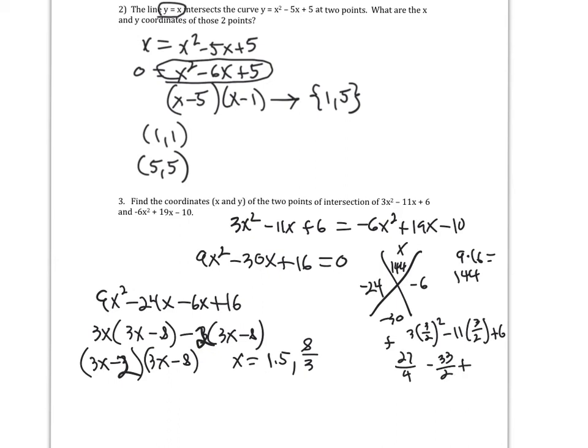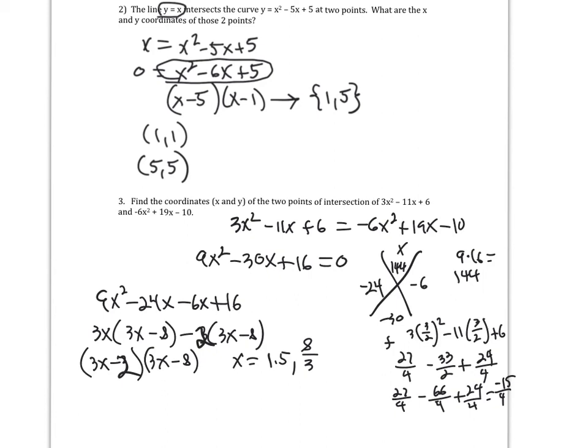It's all going to be in fourths, so I'm going to make this 24 over 4. This is going to end up being 27 over 4 minus 66 over 4 plus 24 over 4, and that's all going to be equal to a total of, let's see, we have 27, we have 51, negative 15 over 4. So that's what goes with 3/2.